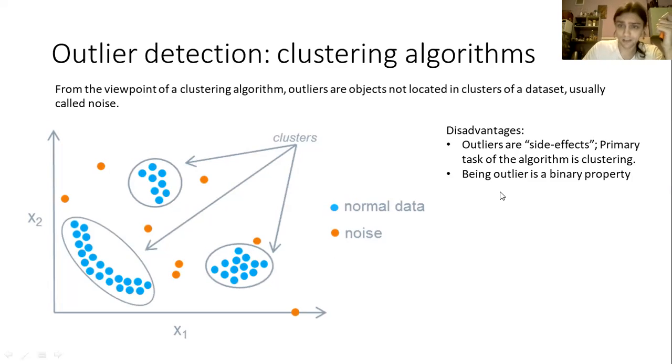And actually, in these algorithms, being an outlier is a binary property. We don't have a degree of being an outlier.